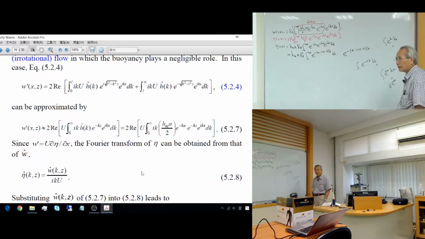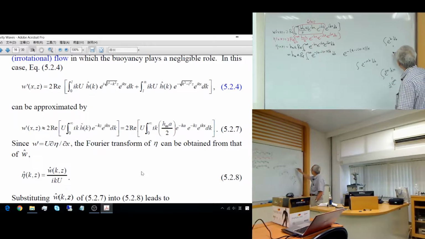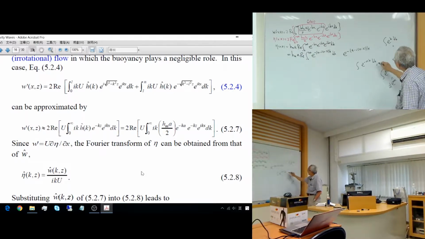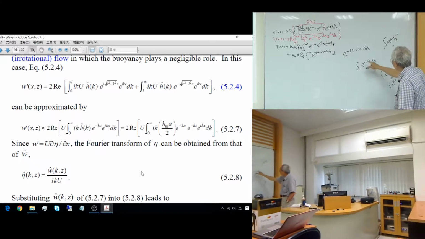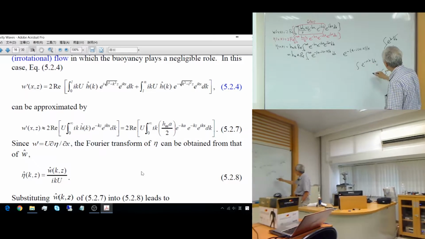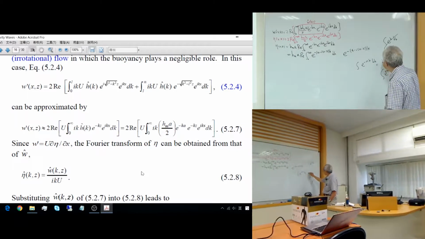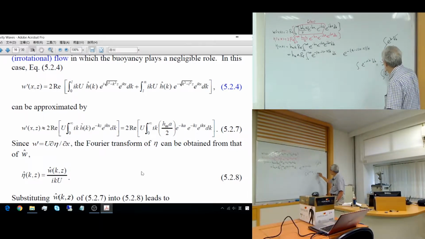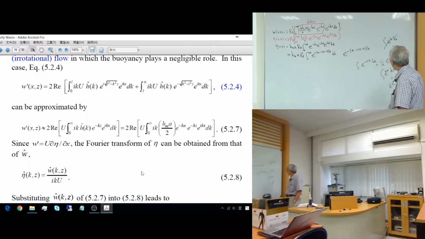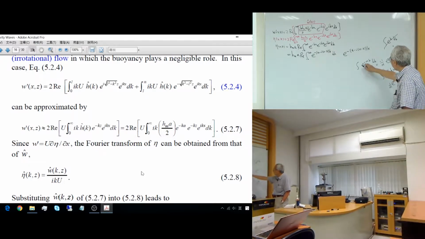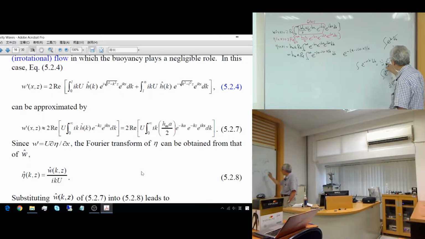So this will be 1 over alpha, and then e to the minus alpha k. This negative alpha will be just alpha here, like this.